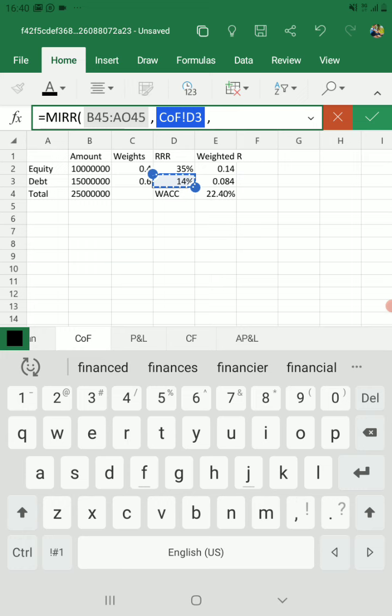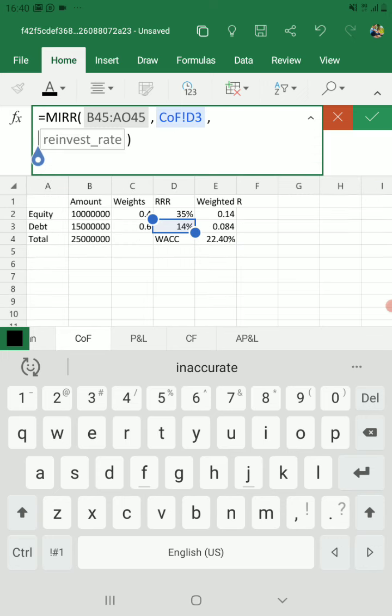And then after that, we are now required to give reinvest rate. I click on this reinvest rate, which is the WACC. I can also take WACC. Okay, so WACC, so this one.